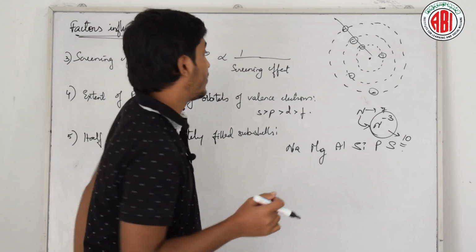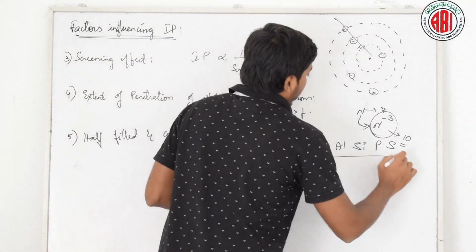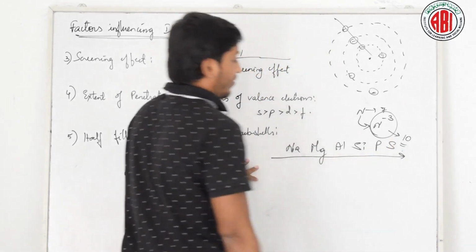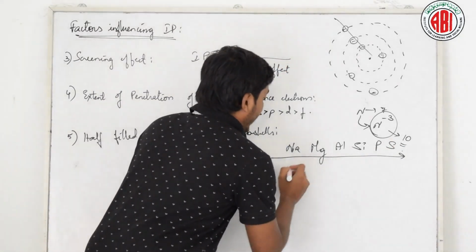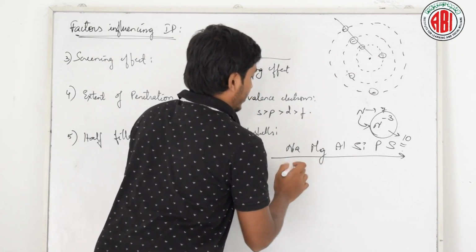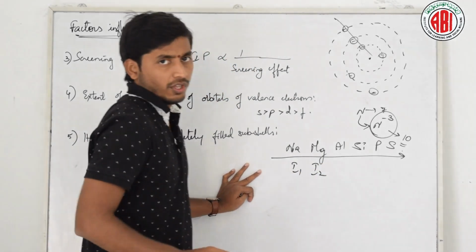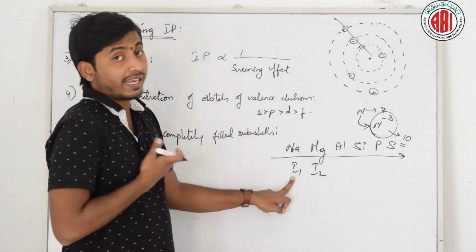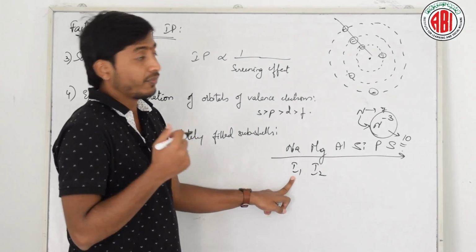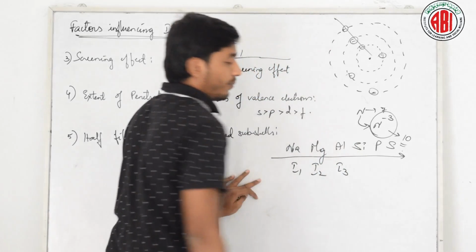Yes or no? Conventionally, it has to increase from left to right, right? See here, Na has some ionization potential I1, Mg has some ionization potential I2. Obviously, according to our conventional theory, this I2 will be greater than I1 because it has to increase from left to right, right? And when it comes to Al, it will be I3, right?